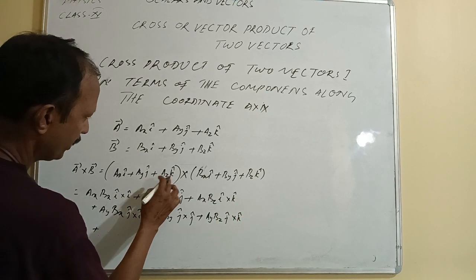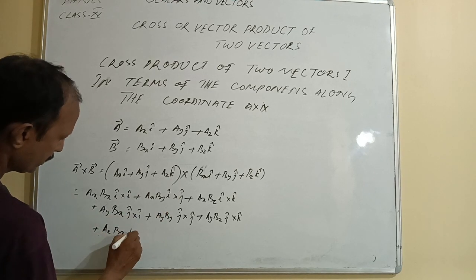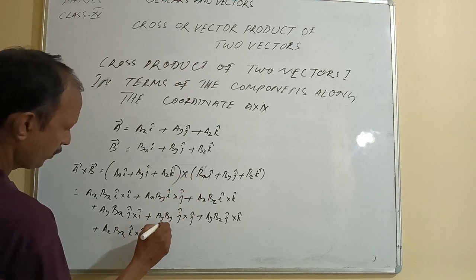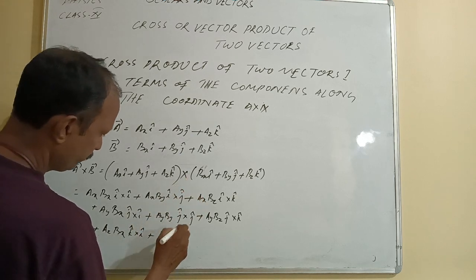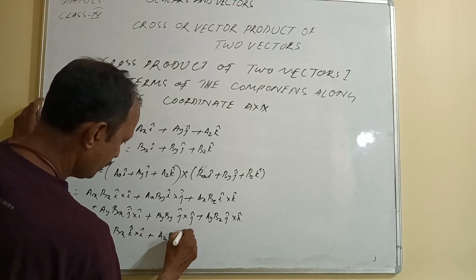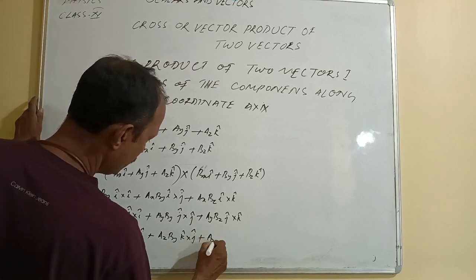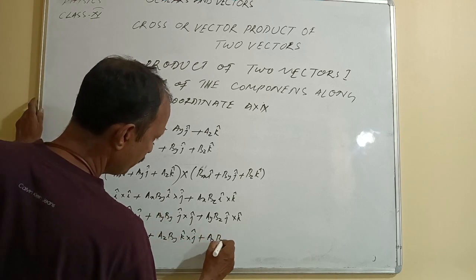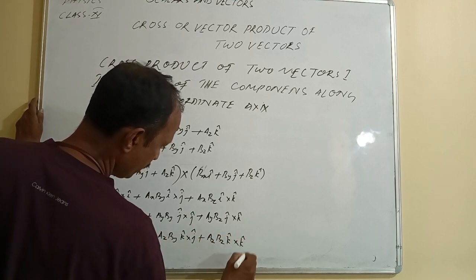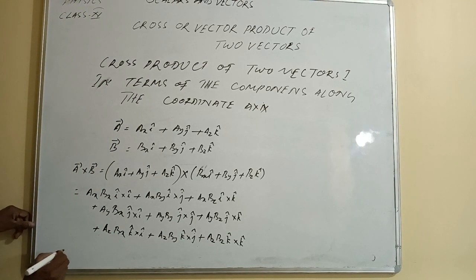Now I will go to the last term: AZ BX K cap cross I cap, plus AZ BY K cap cross J cap, plus AZ BZ K cross K. Now you see how I am writing it.